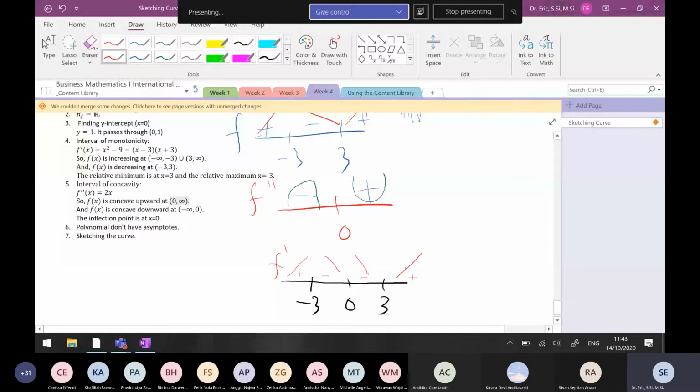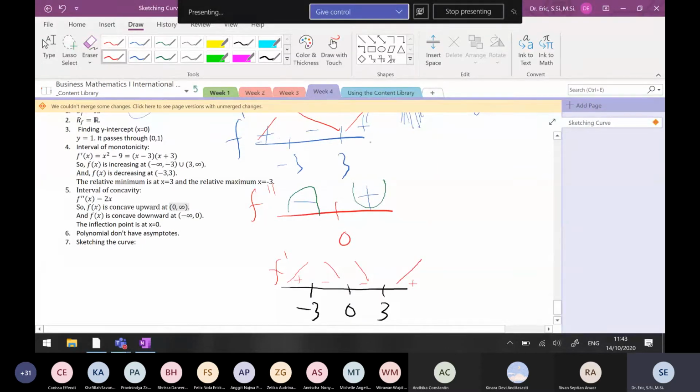It is plus for x less than minus 3, minus from minus 3 until 3, and plus from 3 forward. Can you follow me?